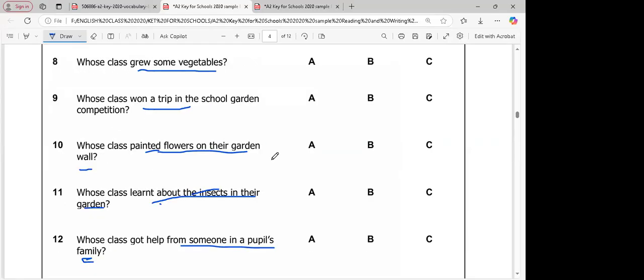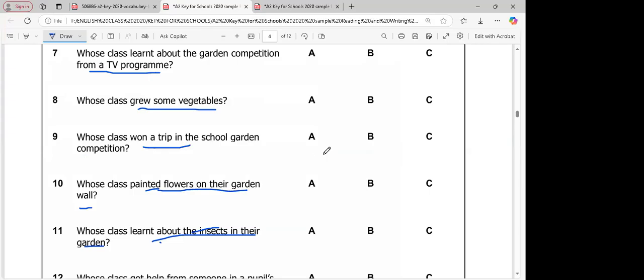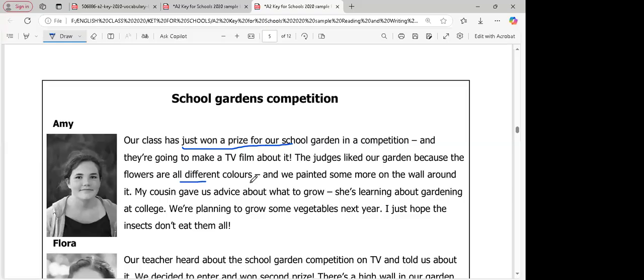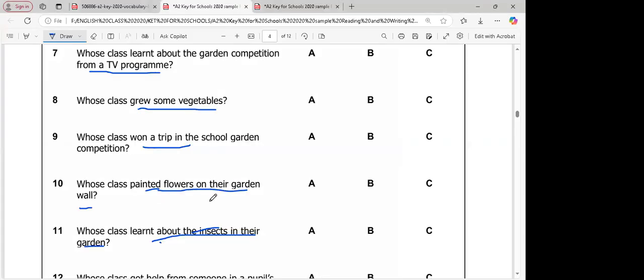Can we take A for that? Decide, okay? I'm giving you the clues, I'm directing you to the answer, so you decide. Now you have put numbers 7, 8, 9, 10. I just stopped at the 10th question and I have given you a clue, but decide. Whose class painted flowers on their wall, right?